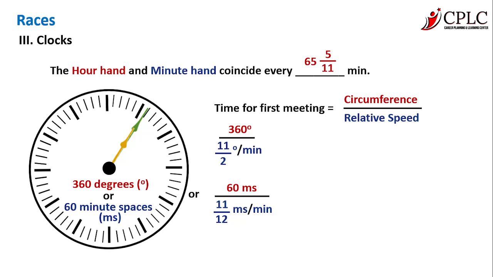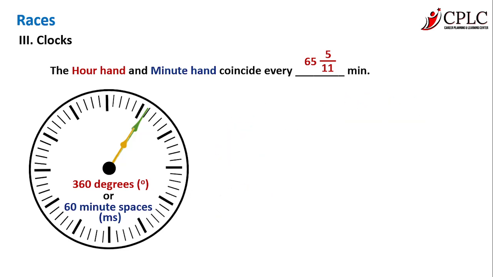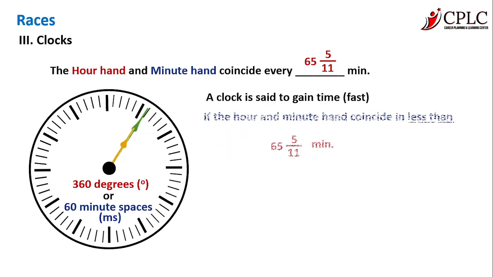So this means the minute hand and the hour hand keep meeting each other every 65 5 by 11 minutes, and that is their standard meeting time. Of course, if they do not meet in this time, then there are two possibilities. If they take less time than 65 5 by 11 minutes, then we say the clock is fast, which in technical terms is gaining time.